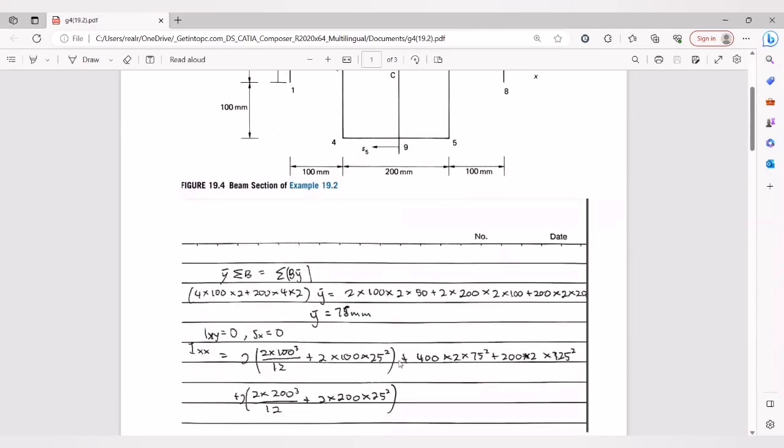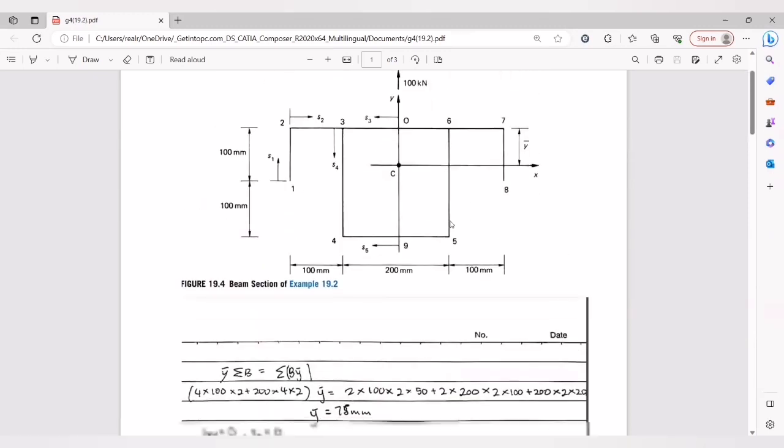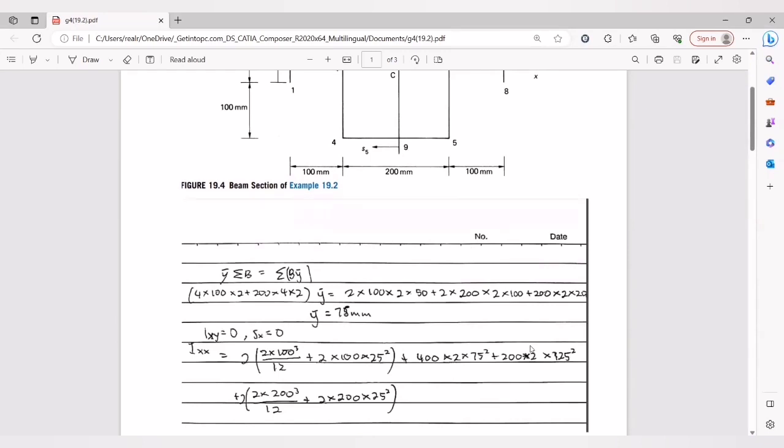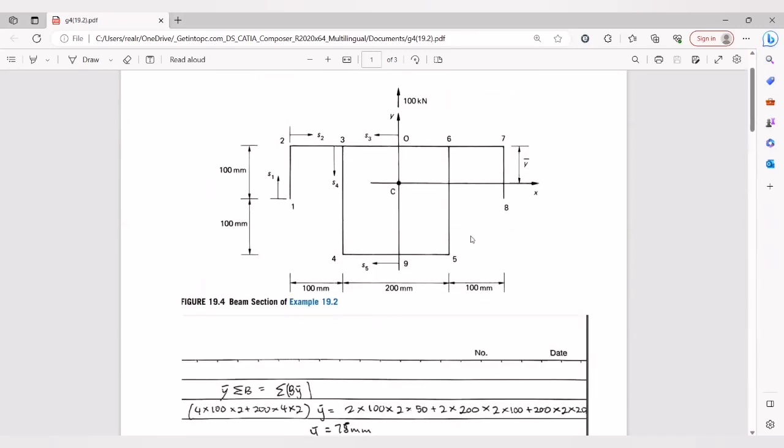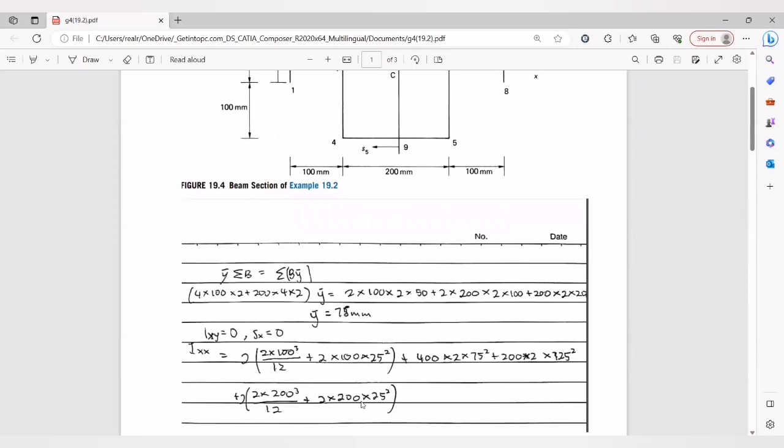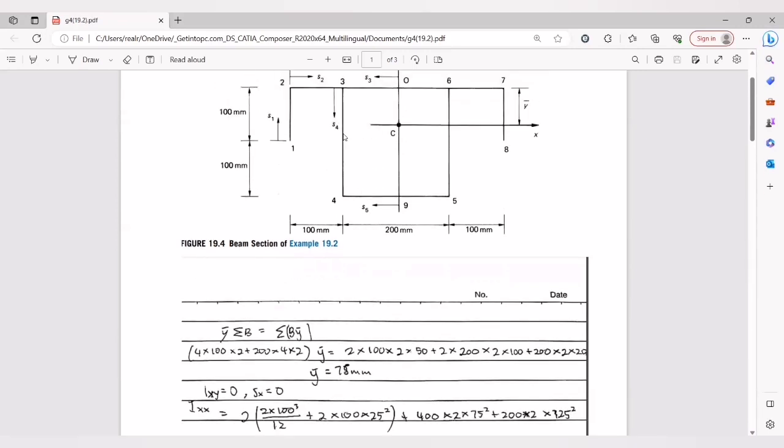Then we calculate. The second part is 400 times 2 times 75 over 2 plus 200 times 2 times the distance. This 0.4 is the open system, and the other is the closed system.